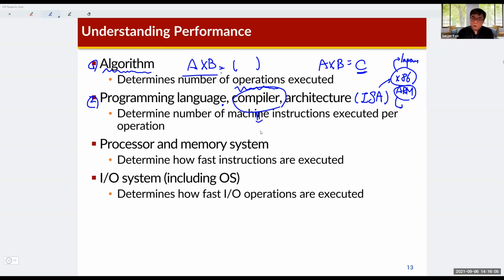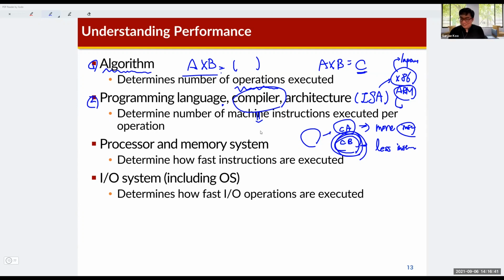So the compiler also determines the performance. It's the same program, and this is compiler A, and then compiler B. Compiler A can generate more instructions. More instructions are very similar to more operations. And compiler B may generate fewer instructions. So which is faster? This one will be faster. But we don't know actually.